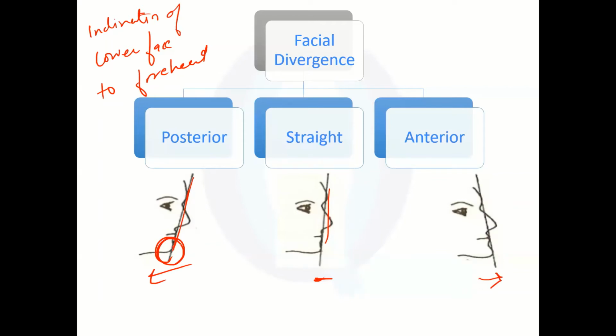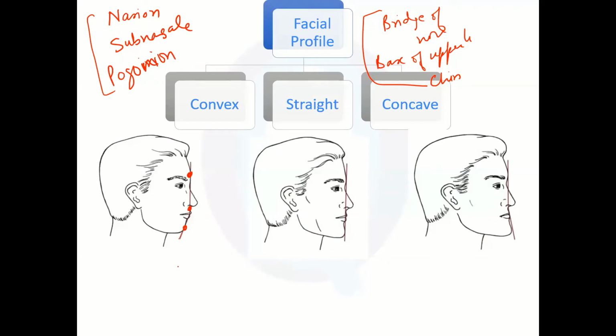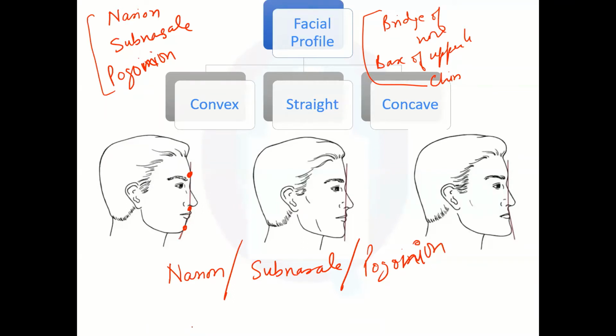So you have to see the inclination of lower face to forehead. Posterior divergence, chin is back with respect to forehead. In straight, chin is in line with the forehead, and in anterior divergence, chin is in front of the forehead. The points of facial profile are nasion, subnasal, and pogonion.